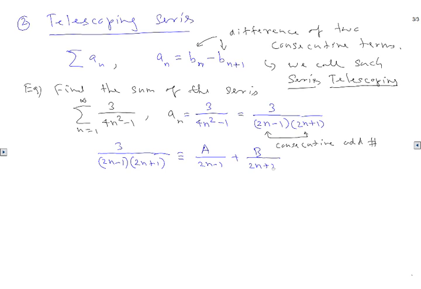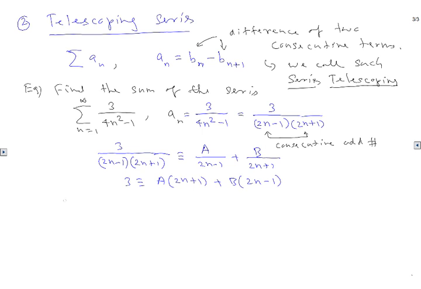Alright. So what we're going to do now is multiply by the common denominator. So we can write this as 3 equals A. You just use any method you know. So you can use the hiding method or just a substitution. So it's not that bad.